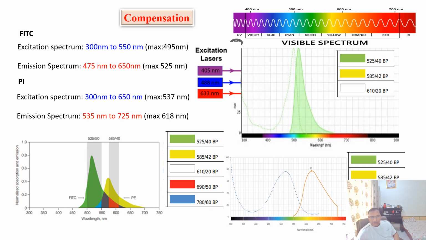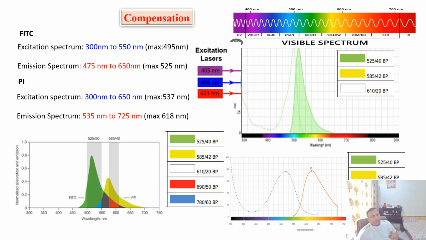Is it clear? Now, for PI, the maximum wavelength is around 618, so it falls in this range and will be detected by this yellow one, 585/42.